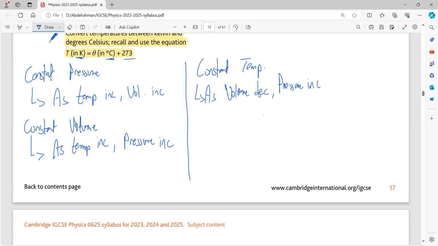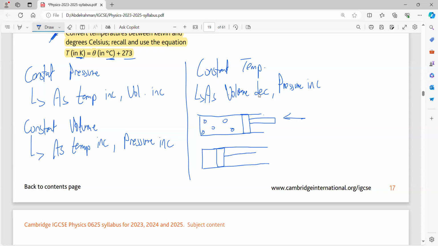If I have a piston, this is a cylinder and a piston inside, and I had some air molecules inside, let's say 5 air molecules. If I push it to the left, what will happen? The volume will decrease.